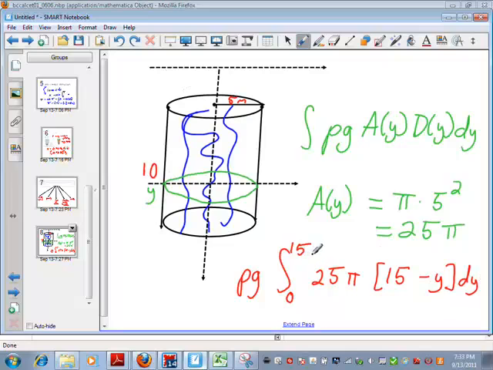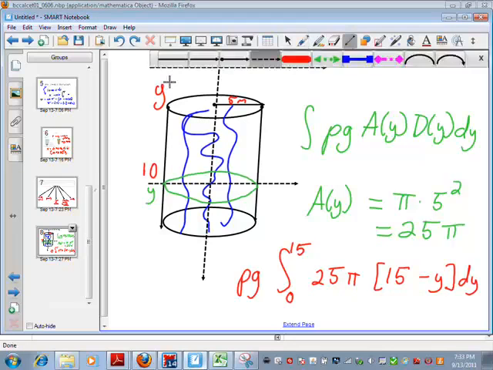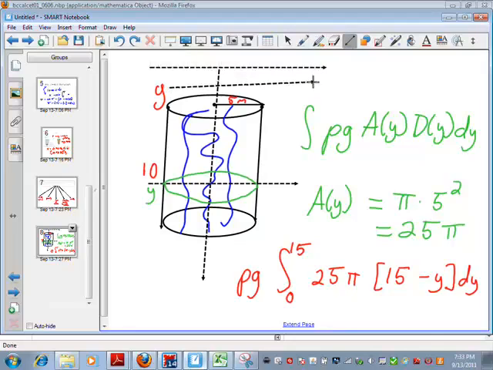But there is no y corresponding to 11. It is 0 to 10. So I took a y from here to here, not at 11, 12, 13, or 11.5. So it's the integral from 0 to 10.